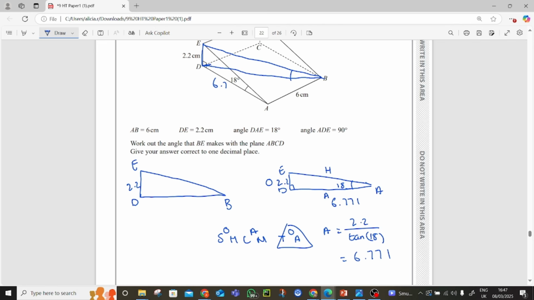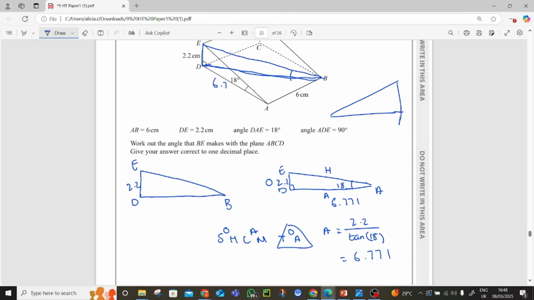Now once I've got that, I'm actually going to work out the line from D to B right across the centre, and I'm going to use the base of the shape. So if you imagine this is the 6.7 I've just worked out, this here is, so that doesn't make sense, I've got it the wrong way around. Like this.